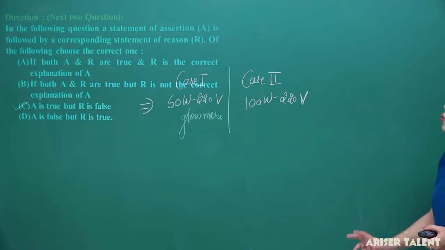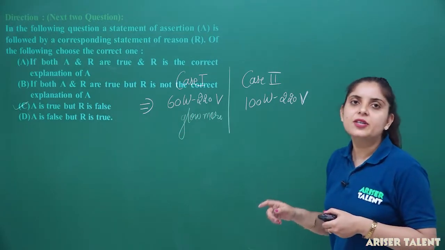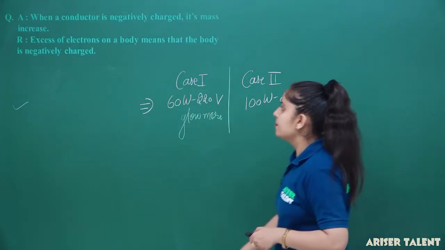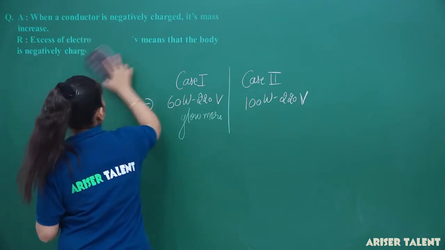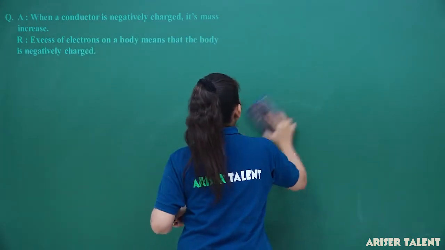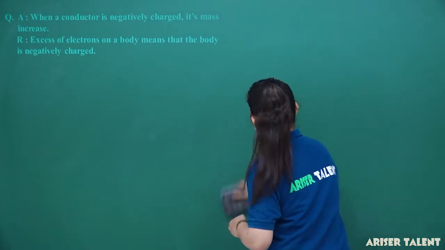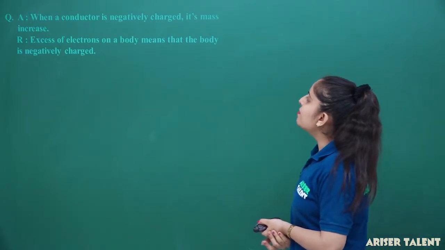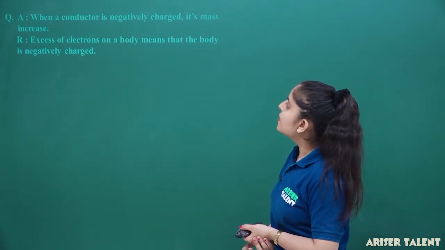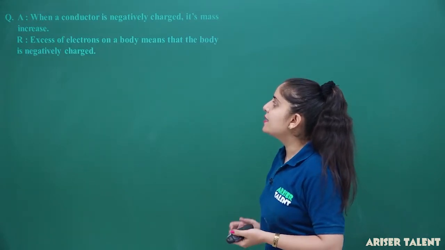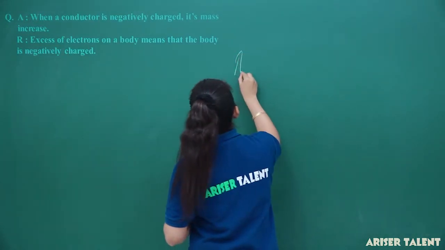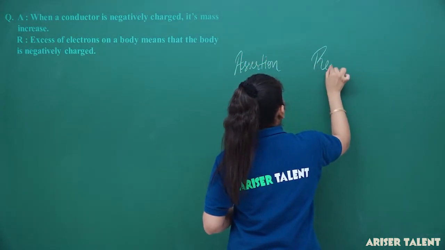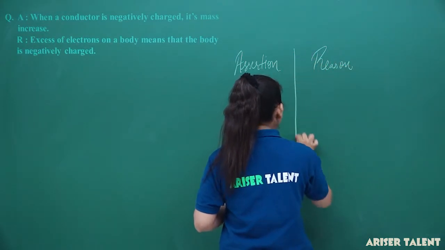Now, let's move to the second question of the assertion-reason type we have. So, the second question in this series will be this. When a conductor is negatively charged, its mass increases. Excess of electrons on a body means the body is negatively charged. So firstly, write what the assertion is saying, and the second one is the reason.